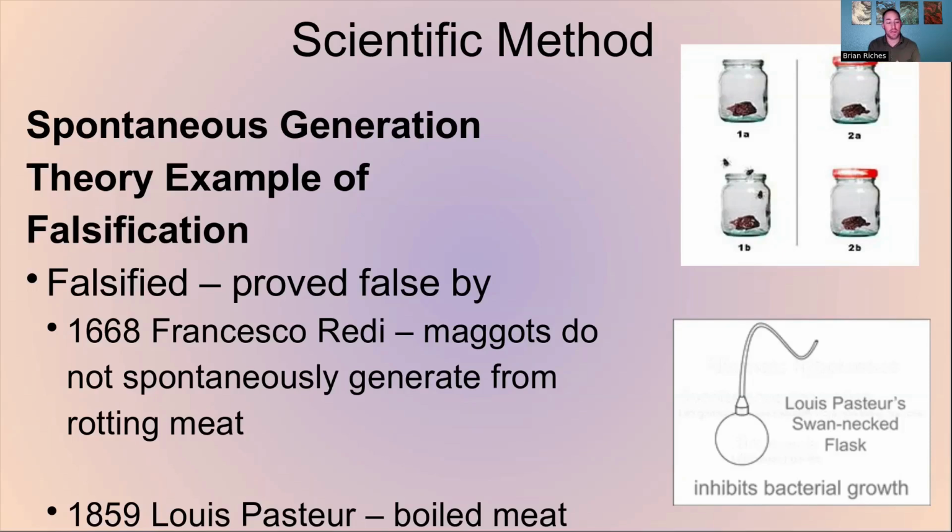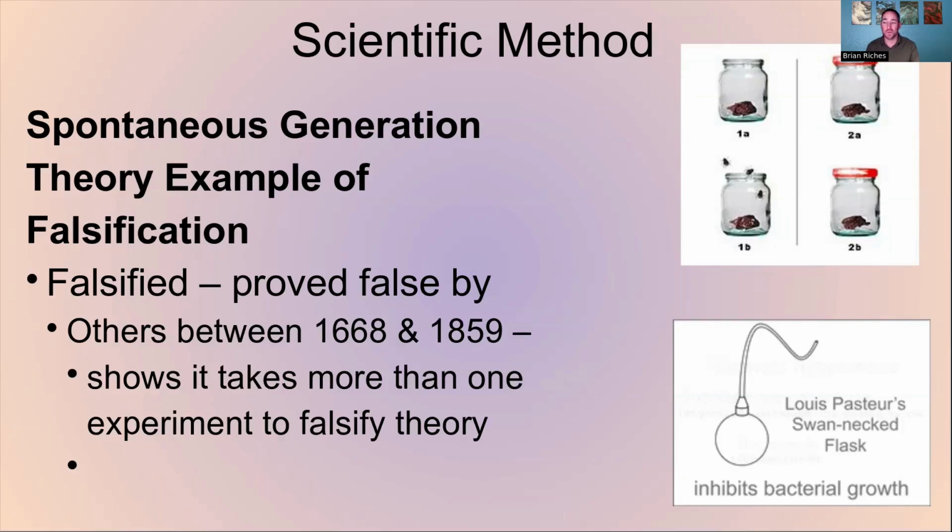We could actually explain that spontaneous generation was not a real thing, and that is when we finally shifted away from spontaneous generation. So between 1668 and 1859, it takes more than one experiment.